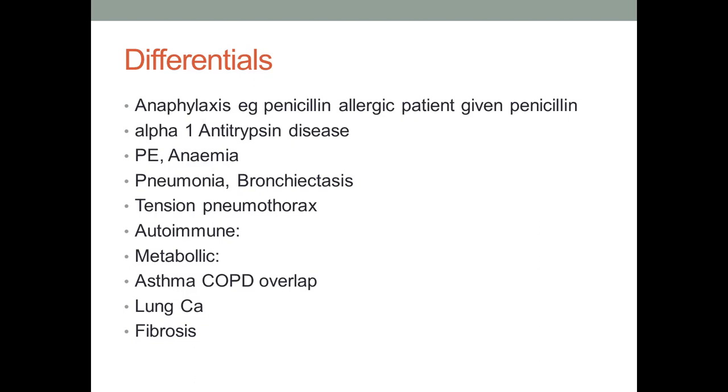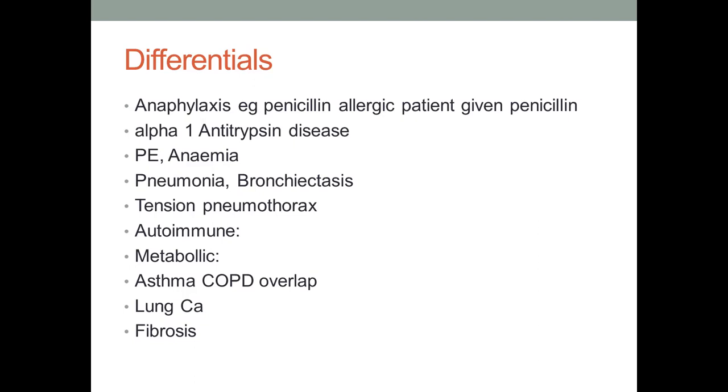In tension pneumothorax, there will be reduced air entry on one side with hyperresonant percussion note. In autoimmune disease, there will be systemic features like joint pain, swelling, early morning tenderness. And metabolic diseases like renal failure, liver failure, lactic acidosis, by doing biochemistry and ABGs, you can differentiate these from asthma.